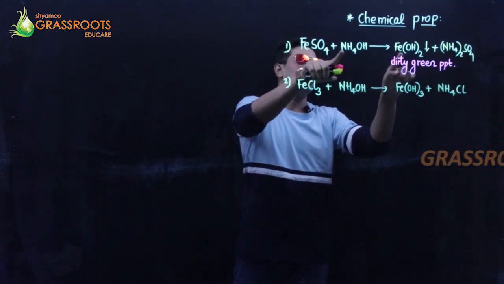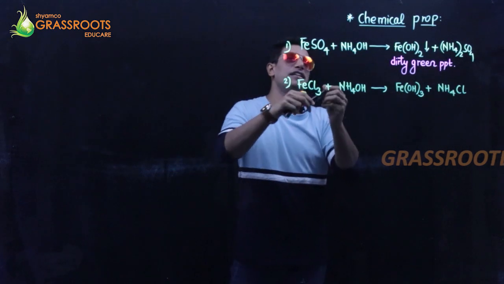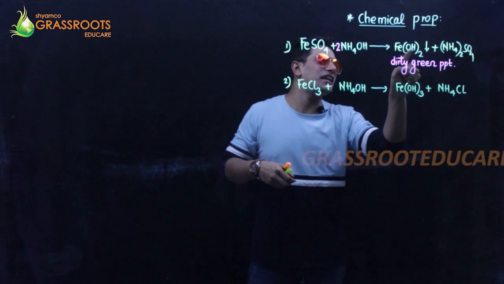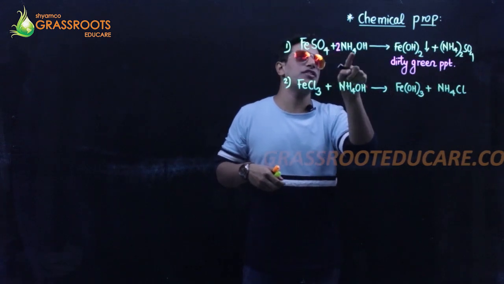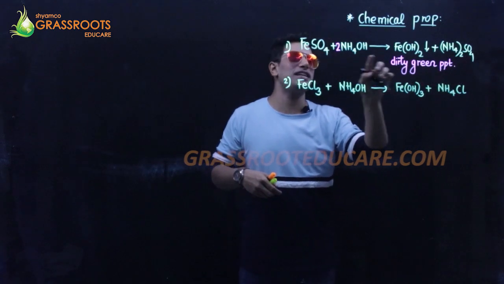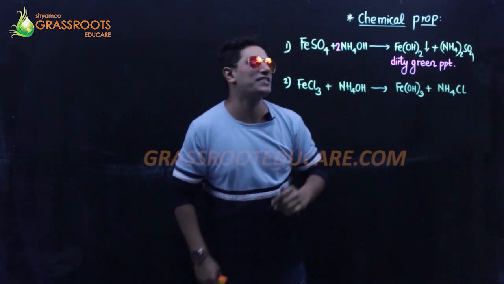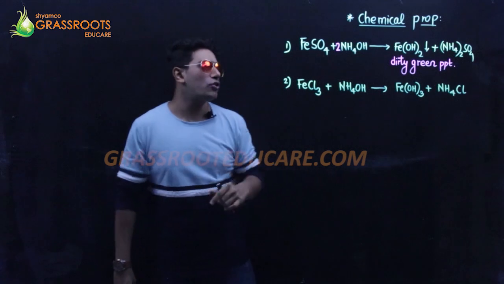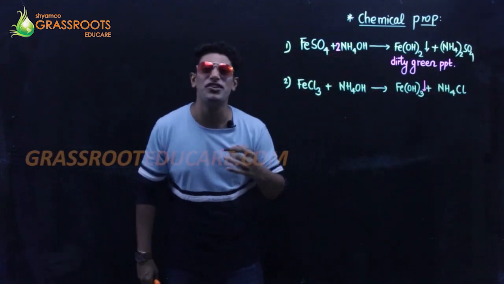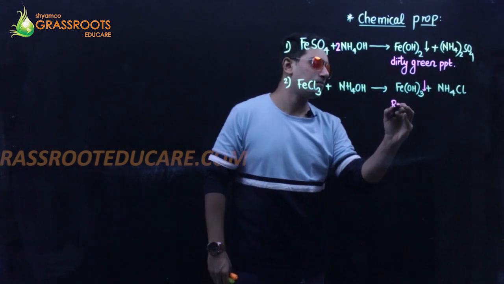Fe, 1 nitrogen, 2 nitrogen. So I need to make a 2 out here. Then hydrogen is 8 and 2, 10. Perfect. Oxygen 4 and 2, 6. That's balanced for you. Talking about the next one, we have a precipitate which is a reddish brown precipitate.